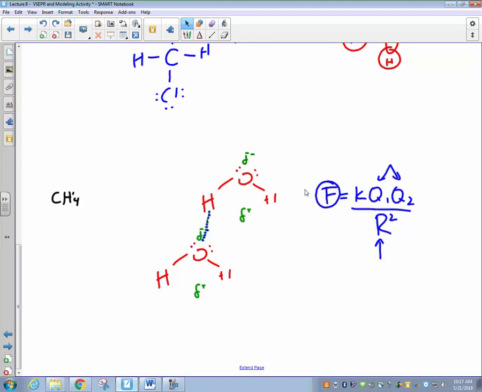So again, by looking at the geometries of these molecules and making predictions about their polarity, we can then use those geometries and polarities to make predictions about the behavior in terms of their chemical and physical properties. And that's the reason why we actually want to know about molecular geometry in the first place. So this concludes our lecture on valence shell electron pair repulsion theory and molecular geometries. Thanks for listening.